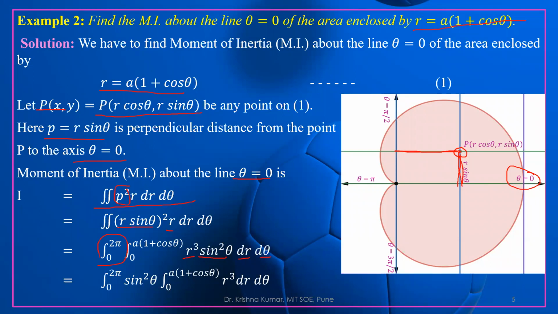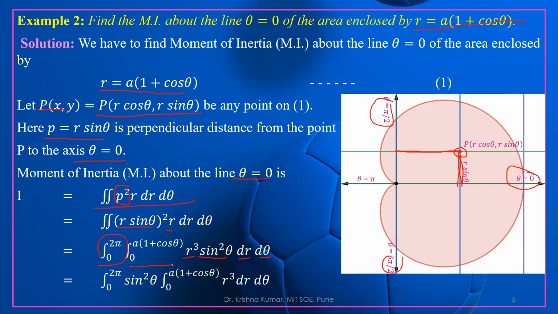We can write it as 0 to 2 pi, or 0 to pi. So the limit is 0 to 2 pi. Either you can also put 3 pi by 2 to pi by 2, but since we have to rotate 360 degrees, we put 0 to 2 pi.